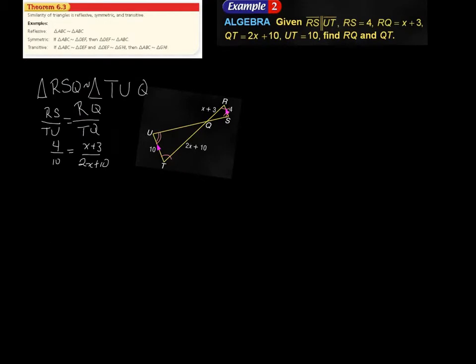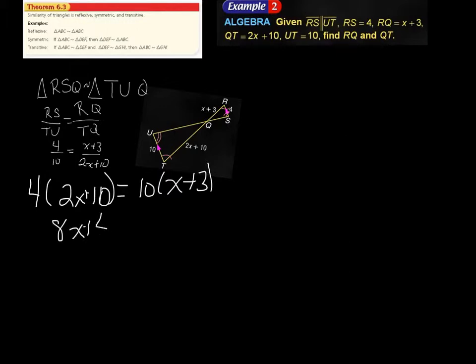When we do cross products, we're going to have 4 times 2x plus 10, equals 10 times x plus 3. It's the product of the means equals the product of the extremes, or numerator times denominator equals numerator times denominator. Okay, then we get to distribute: 8x plus 40 equals 10x plus 30.